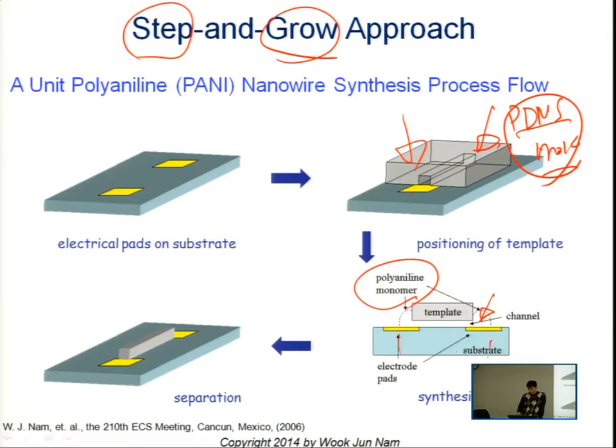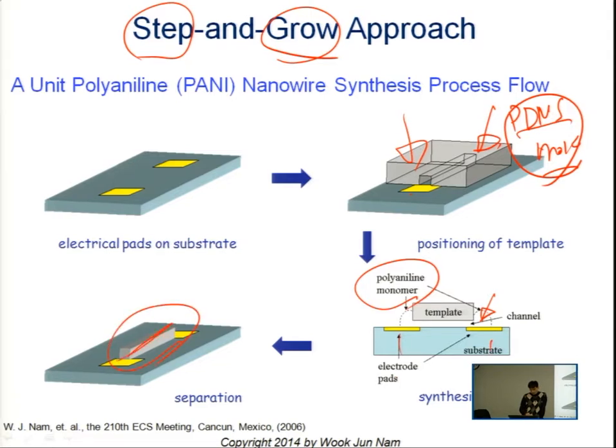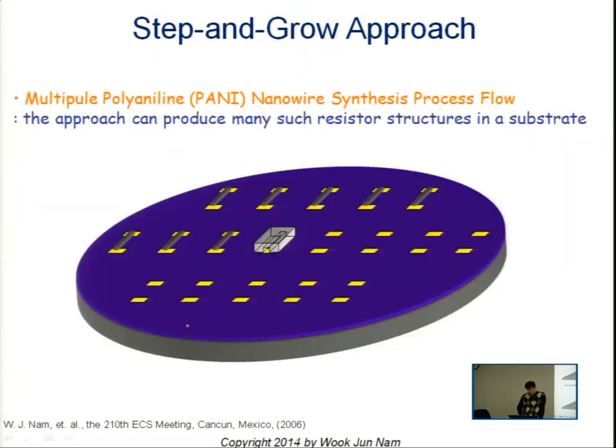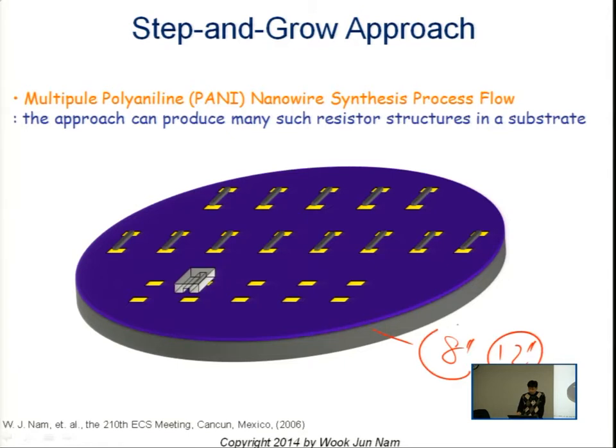As we apply the bias, we can make wires that are precisely positioned between the two electrodes. So if we want to make the same structures over and over again on a bigger substrate, like 8-inch or 12-inch, we can still make these nanowire-based device structures much more precisely. This is a much better way, and much more suitable for high-throughput production.